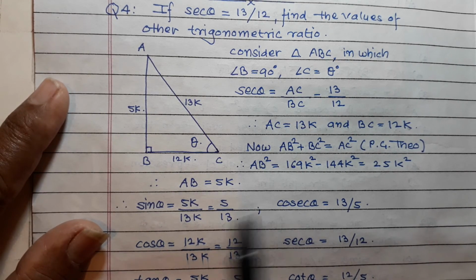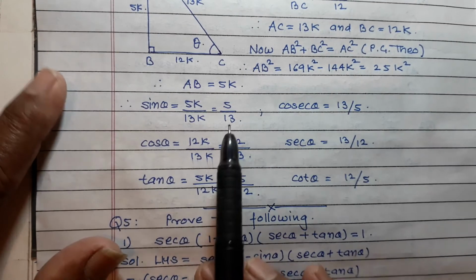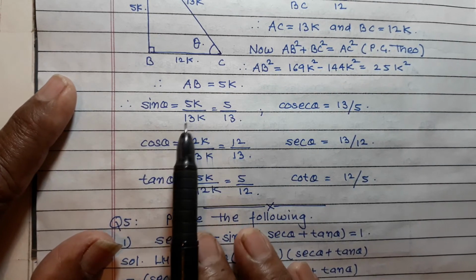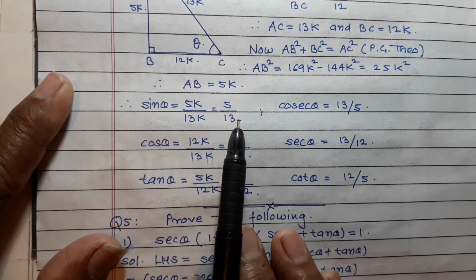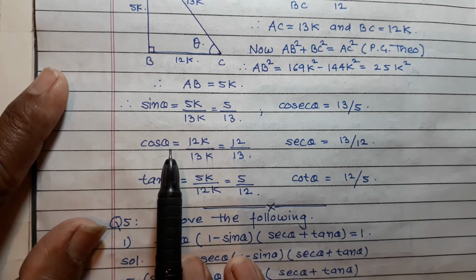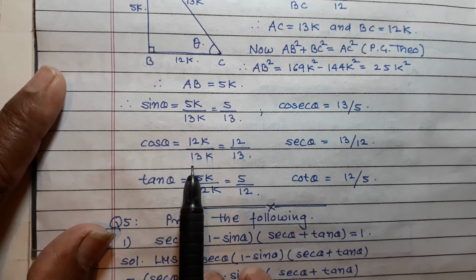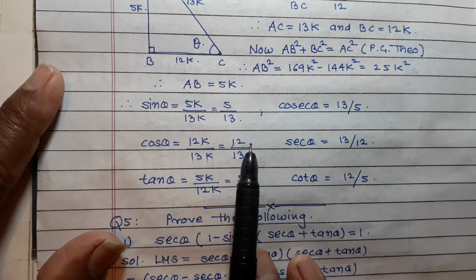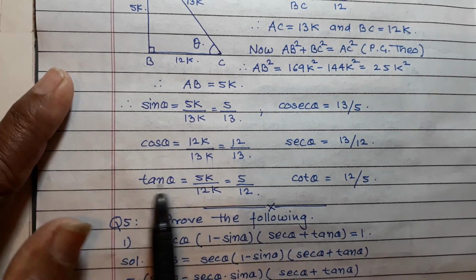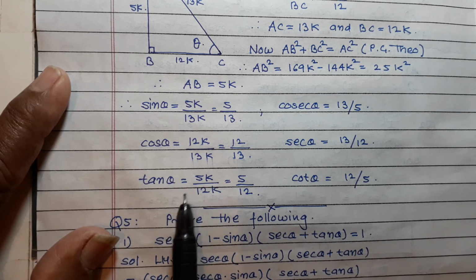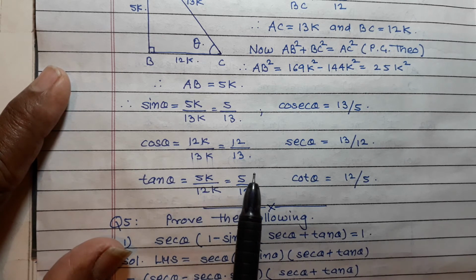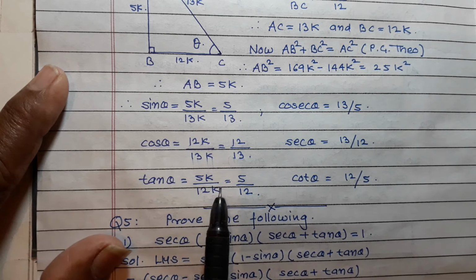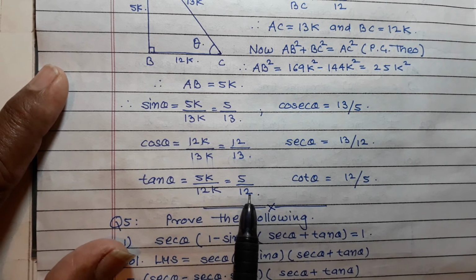Now sin theta is equal to opposite side upon hypotenuse, 5k upon 13k is equal to 5 upon 13. Cos theta is equal to adjacent side upon hypotenuse, 12k upon 13k is equal to 12 upon 13. Tan theta is equal to opposite side upon adjacent side, 5k upon 12k is equal to 5 upon 12.